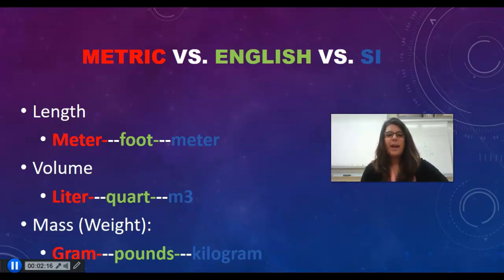And then weighing mass, so your weight, the metric unit is grams, the English unit is pounds, and the SI unit is kilograms, just a bigger version of the metric unit. You are obviously more familiar with quarts, feet, pounds, but for our purposes, we're really going to be focusing on grams, liters, and meters. The problem with the SI units is that they're really big, so for our purposes, they're not super useful. So we'll stick with the metric system.